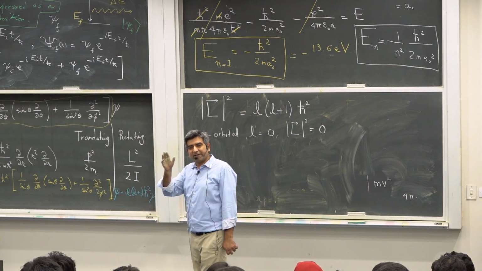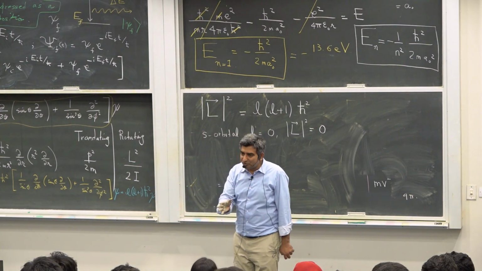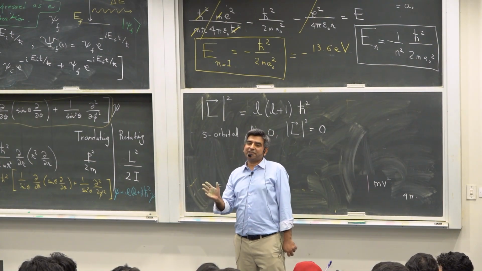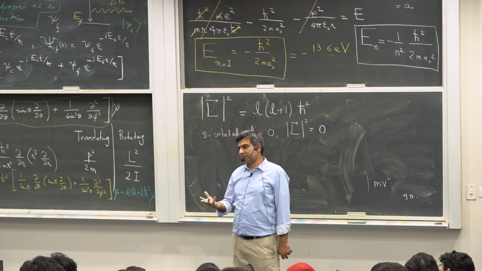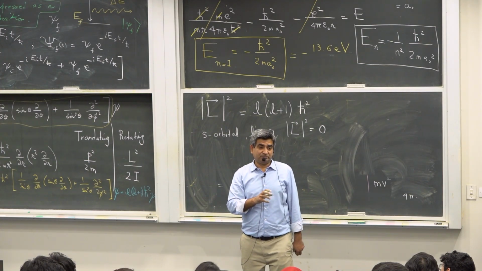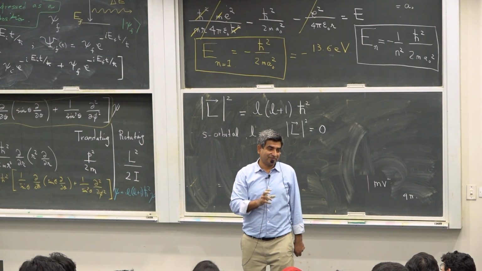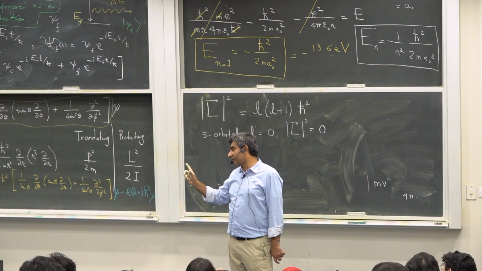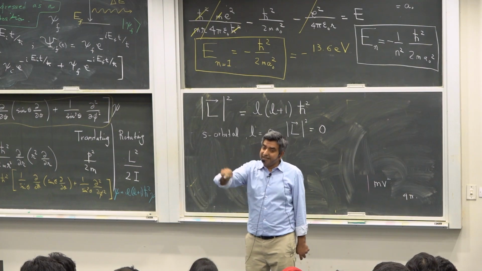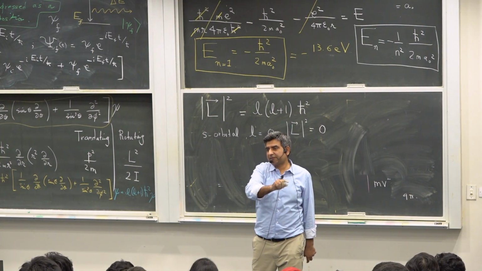So if an electron is in the 1s orbital, 2s orbital, 3s orbital, you stop picturing the electron as going around the nucleus. Its orbital angular momentum is 0. It must be 0. It can still have spin angular momentum, but its orbital angular momentum in any s orbital, 1s, 2s, 3s, is 0.